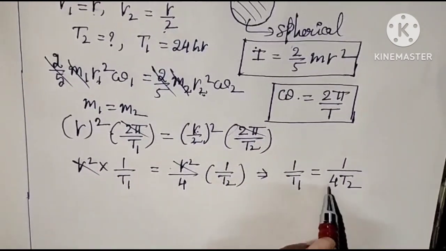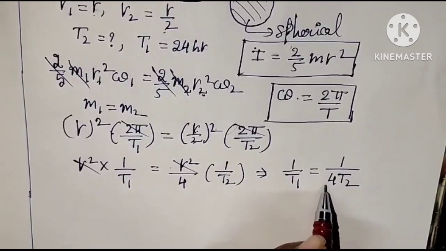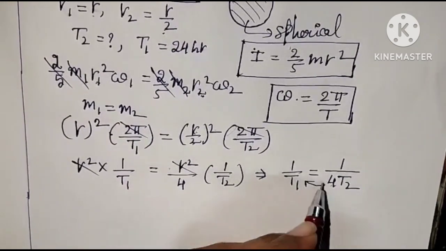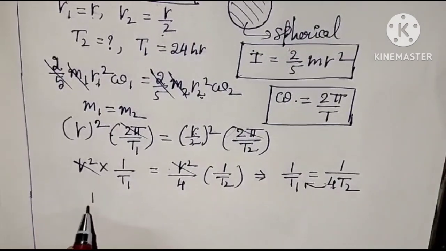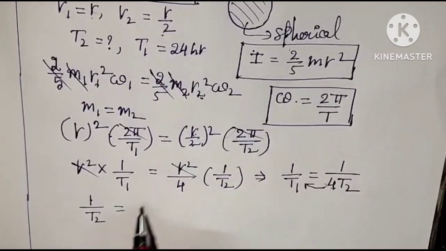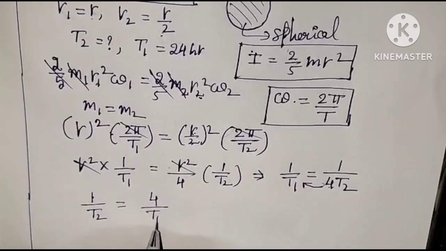Now transpose 4 from RHS to LHS; division becomes multiplication. So 1 by T2 is equal to 4 by T1.